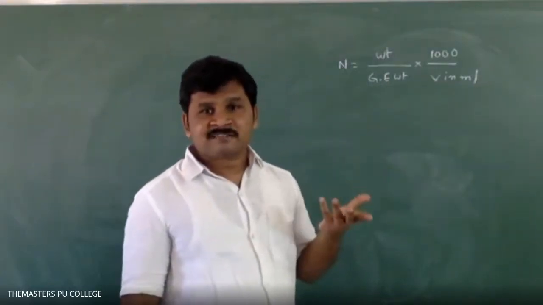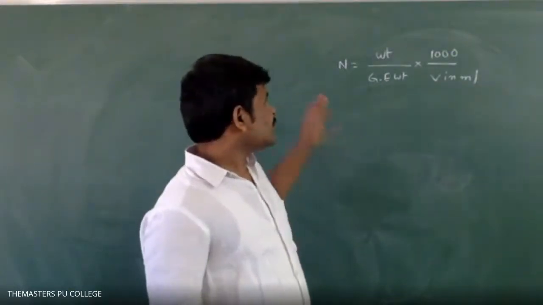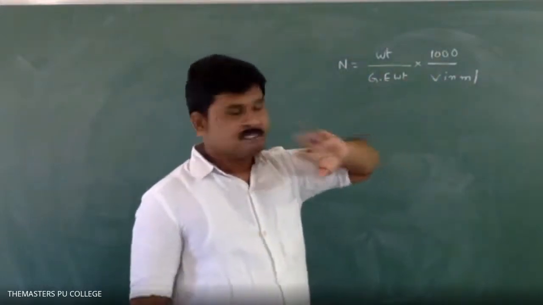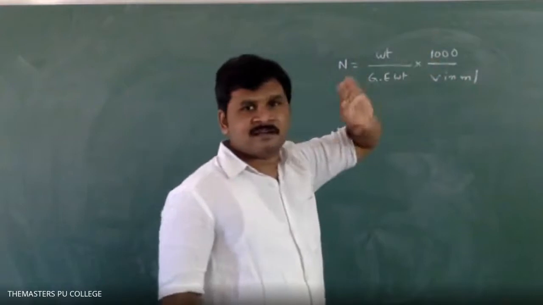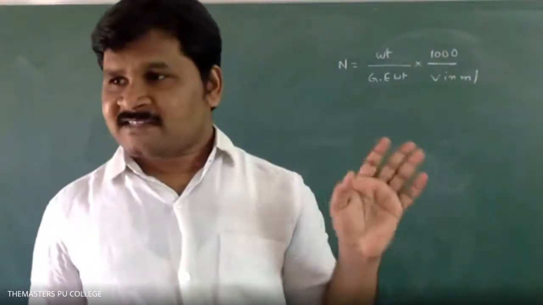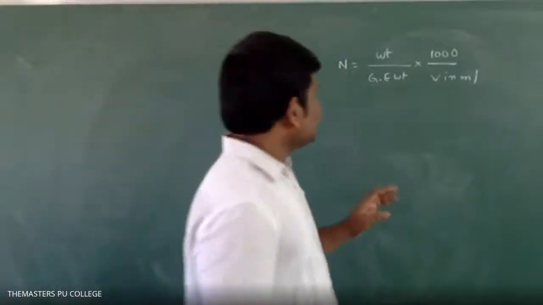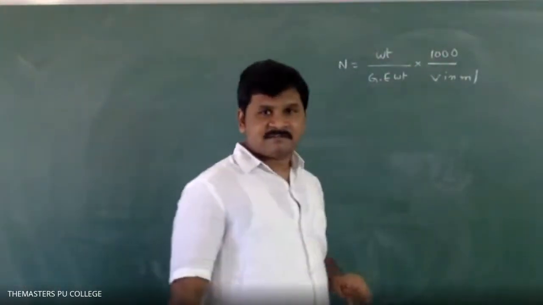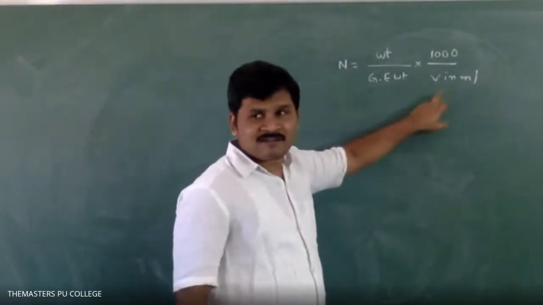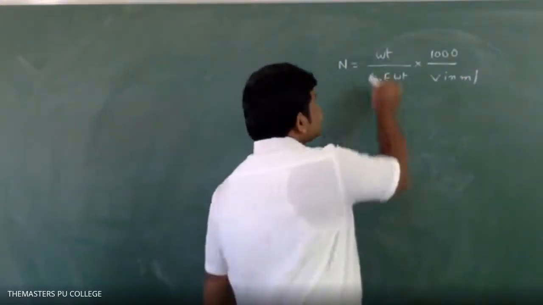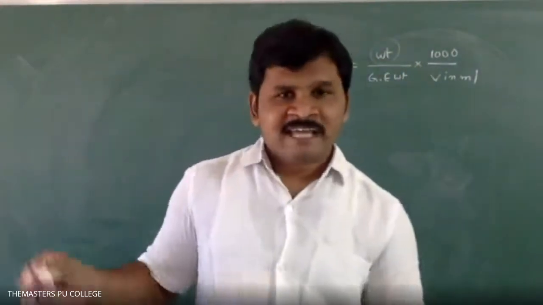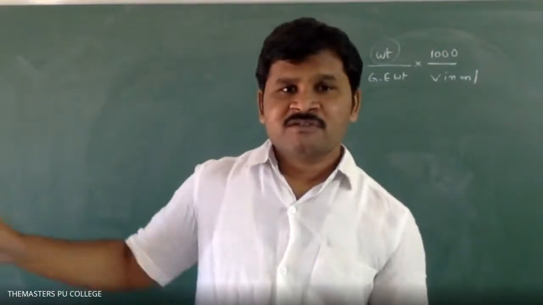Here we have total 4 factors. To calculate one factor, we require the remaining 3 factors. But here we don't know this factor. So only if you know this factor is it possible to calculate volume. So how to calculate this factor? We can calculate that factor by using the equation.